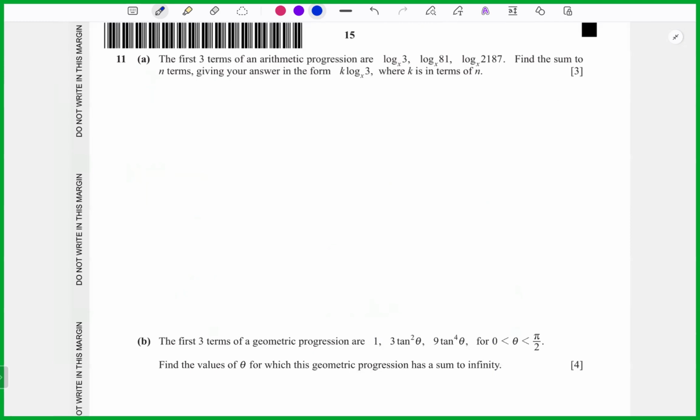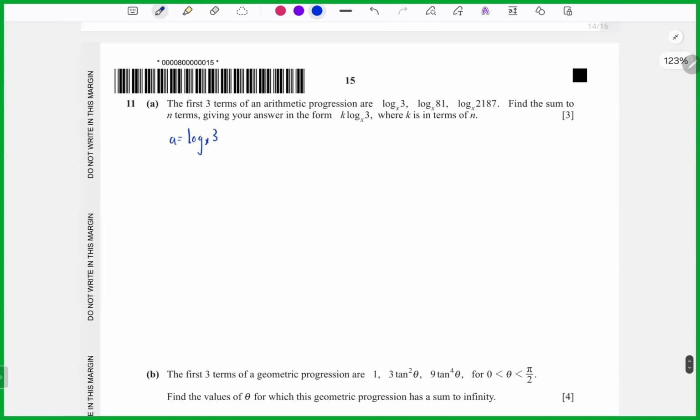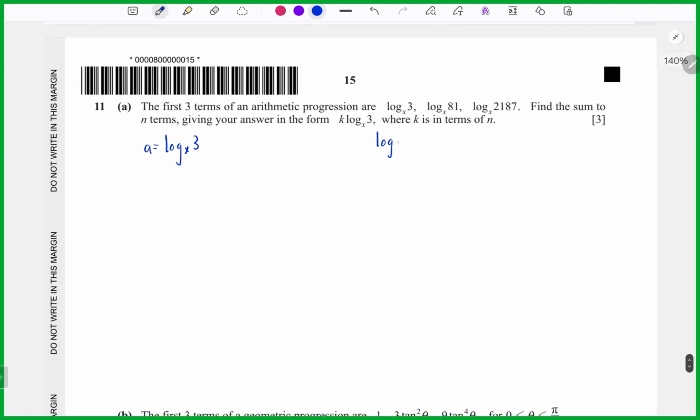The first 3 terms of an arithmetic progression are log base x of 3, log base x of 81. Find the sum to n terms, give your answer in the form k log base x of 3, where k is in terms of n. Okay, the first term is log base x of 3. Now we need to separate out the log. Log base x of 81, 81 actually equals 3 to the power 4.